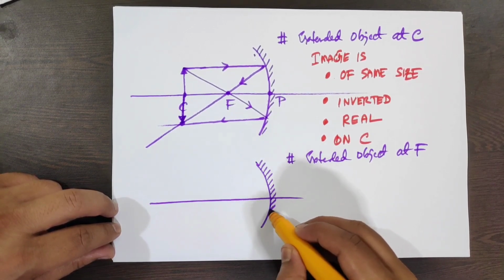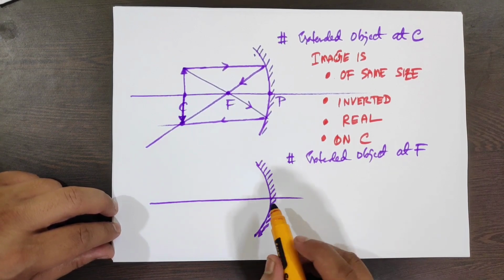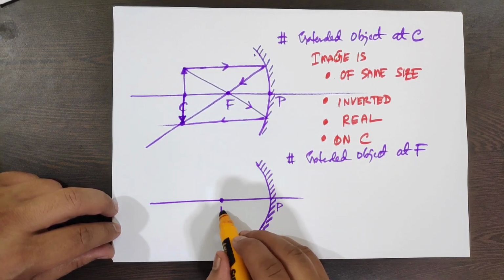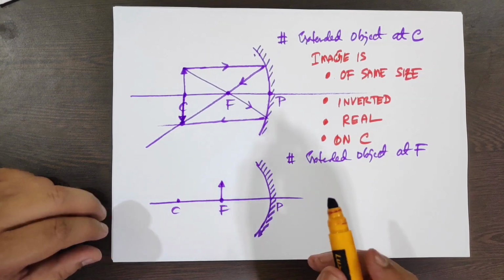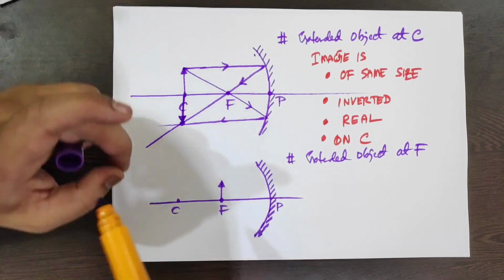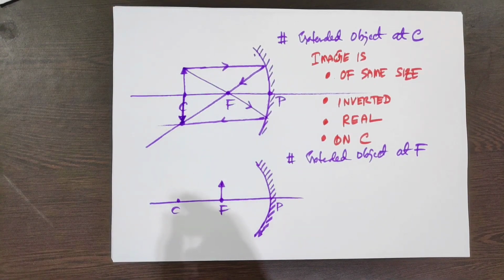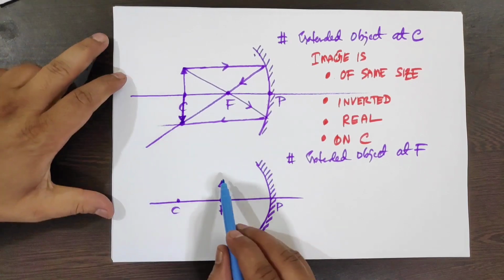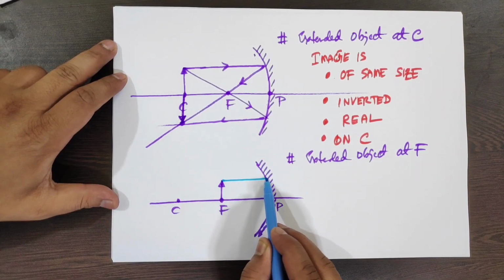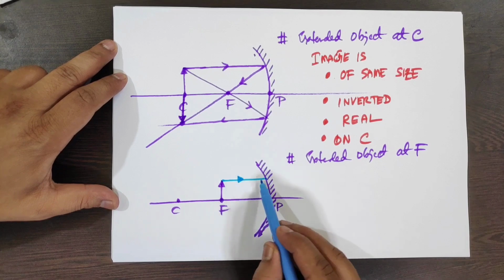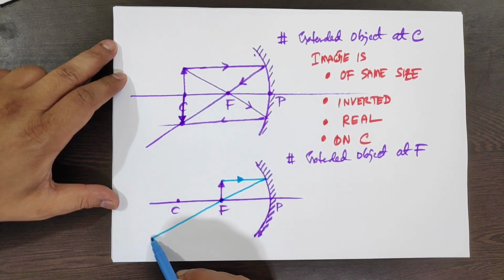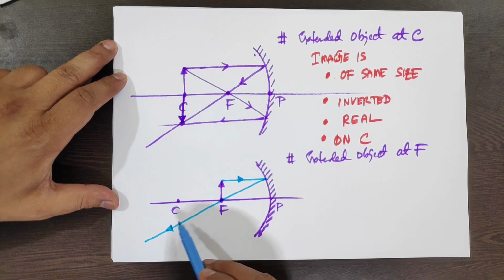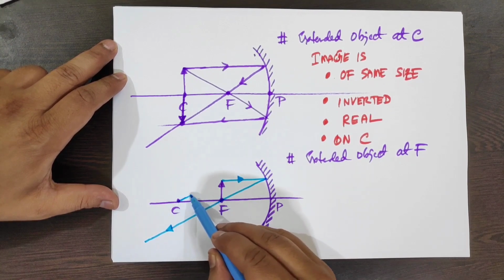There's the mirror, concave mirror, pole, focus, center of curvature, that is it, and the object. Now draw one light ray, it will pass through the focus, and one light ray passing through the center of curvature.